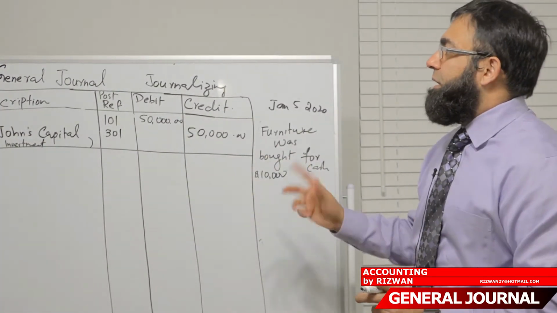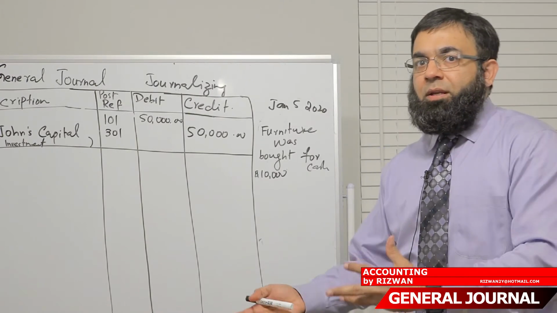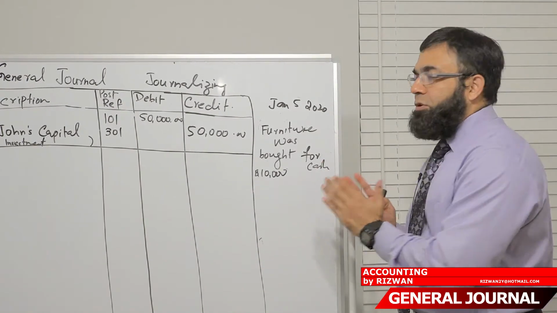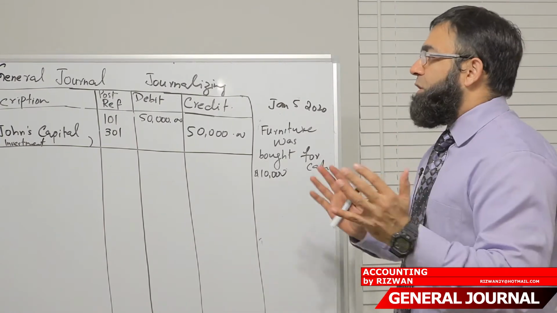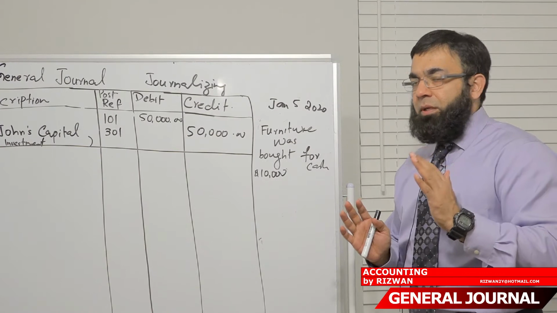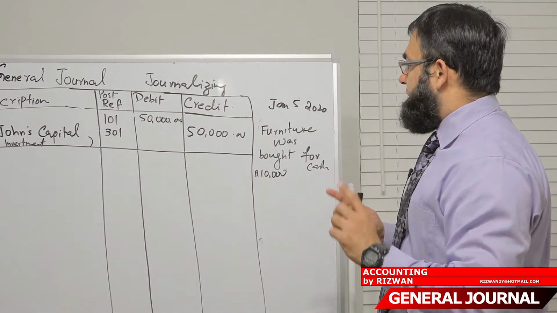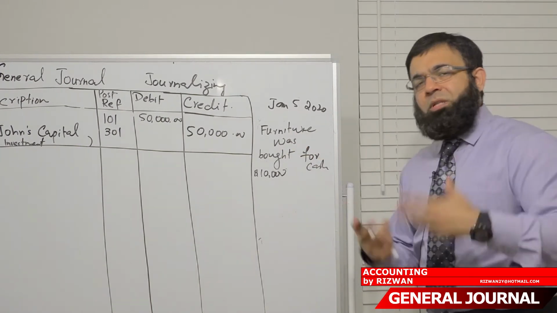A lot of times people get confused about whether it's going to be debit or credit. But if you go systematically, I'm pretty sure you will not make a mistake over here. Okay, furniture was bought for $10,000. I'm just giving an example.